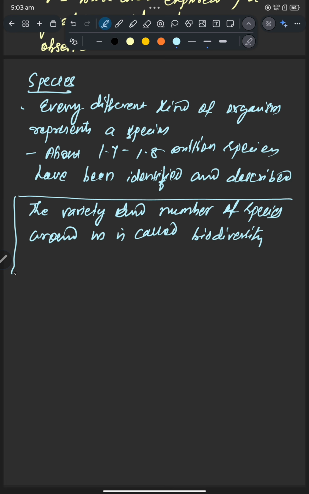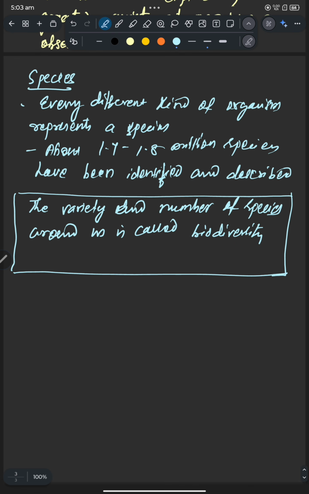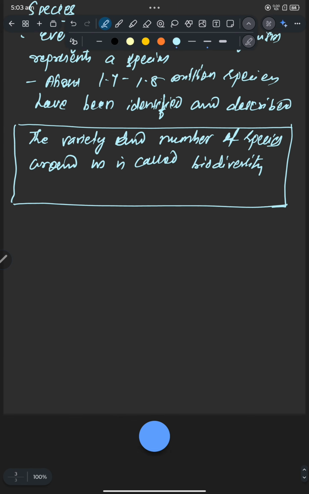So the content I'm writing inside the box is very, very important. These are highlighted portions. You also highlight this in your copy. Okay.